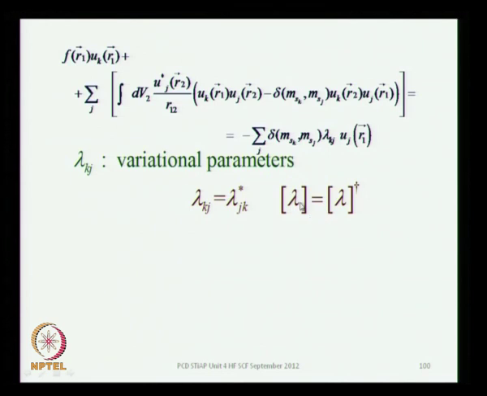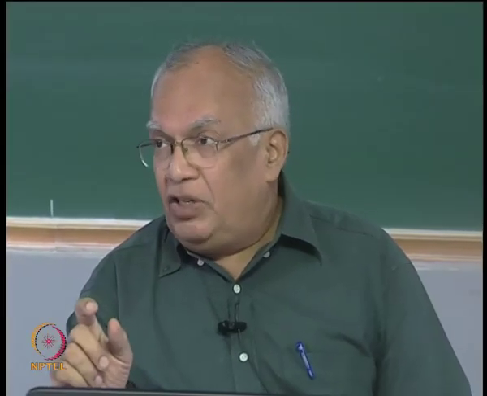And if it is a Hermitian matrix, you can find a unitary transformation which diagonalizes it. So, you can look for a unitary transformation which will diagonalize the matrix of the variational multipliers.